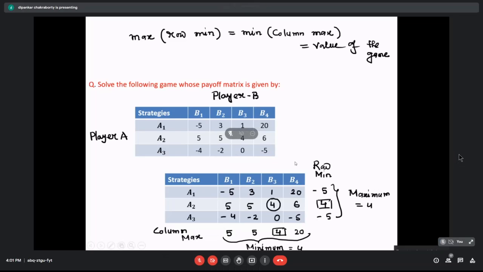Okay, so you can say here that thus max of row min is equal to min of column max, right, is equal to 4.